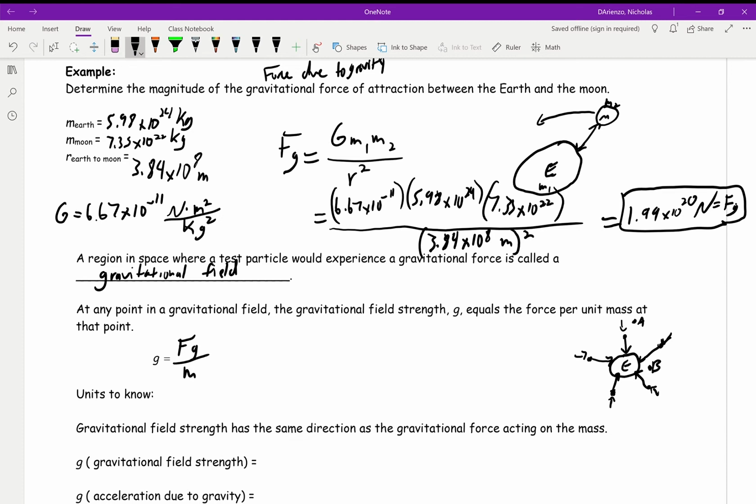If we rearrange this, G equals F sub G over M, where F sub G is measured in newtons, our force due to gravity, mass measured in kilograms, and our G is measured in meters per second squared. We'll also see this as newtons per kilogram. So we can see both of those.